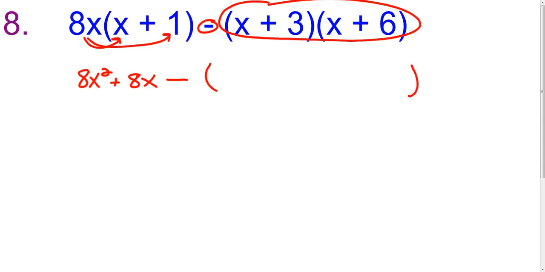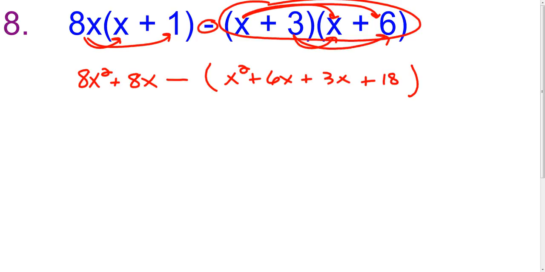So I will take x times x, which is x squared, and x times 6, which is 6x, and then 3 times x is 3x, and 3 times 6 is 18, okay? And I am subtracting that whole quantity.